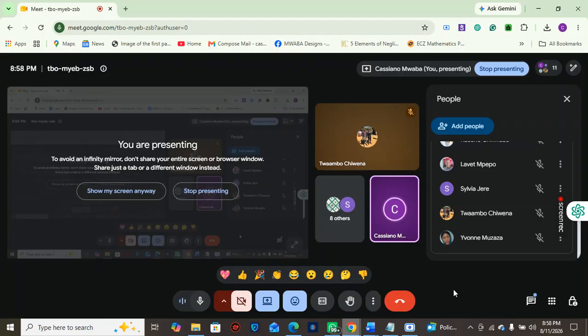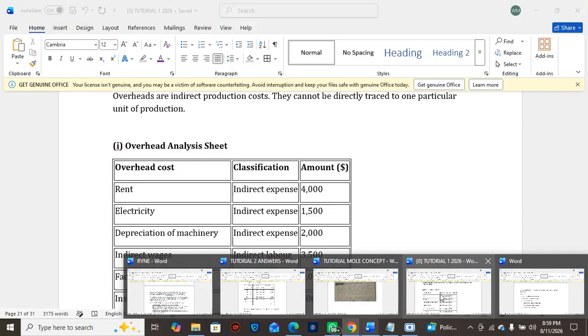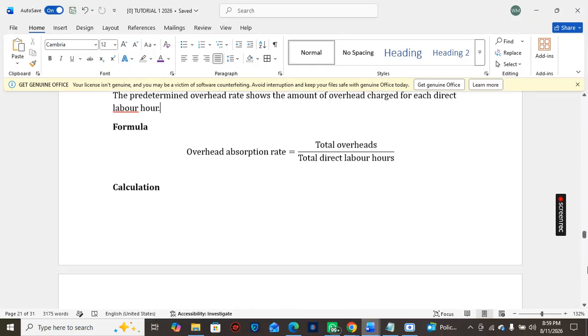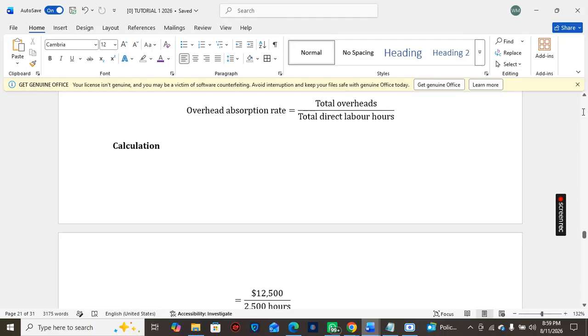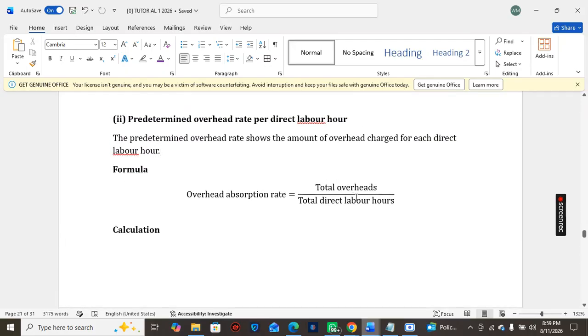First, tabulate the total overheads. Then you say, okay, these overheads, I'm going to absorb them using the labor hours that I used to produce shawarmas. Now, this company has told us we're absorbing using direct labor hours. So the overhead absorption rate is total overheads over total direct labor hours.